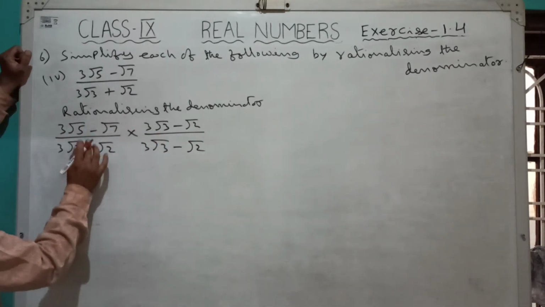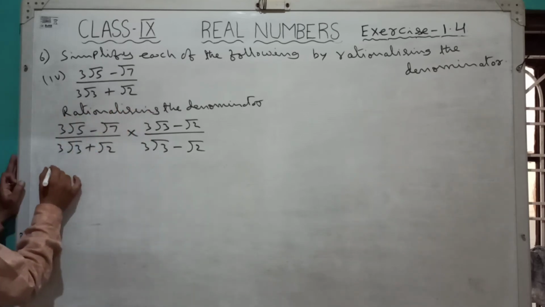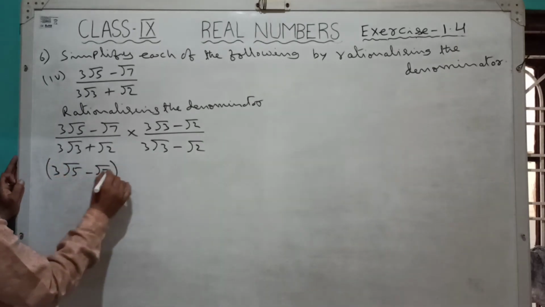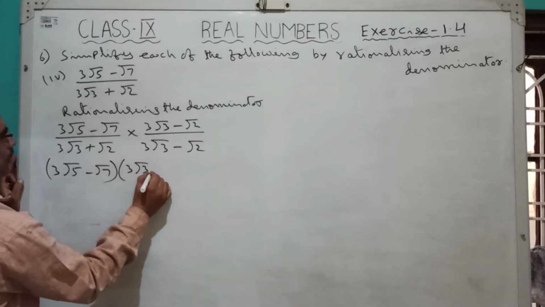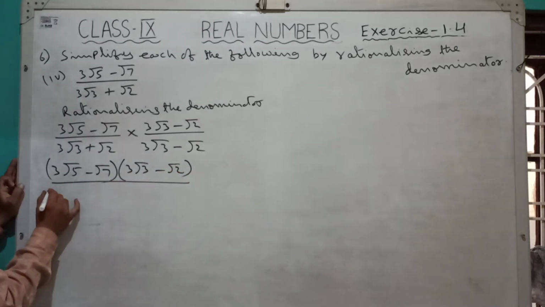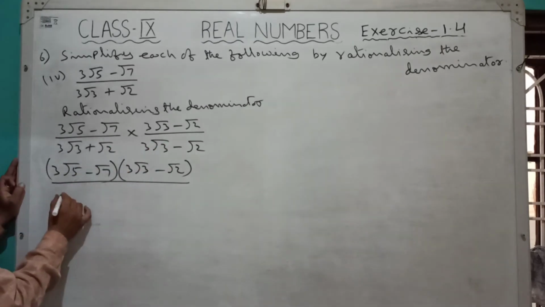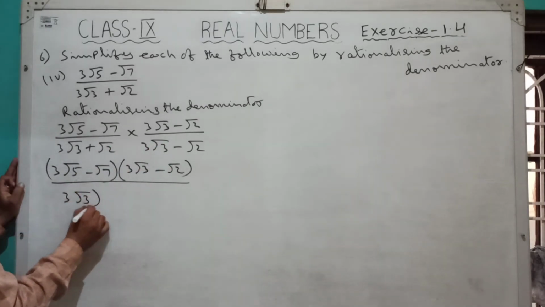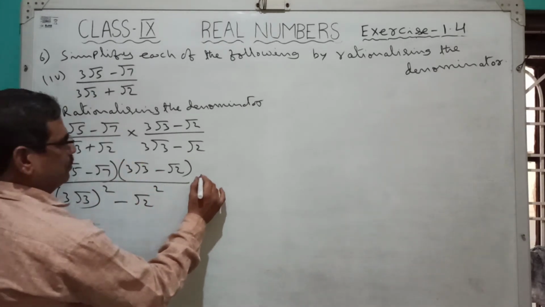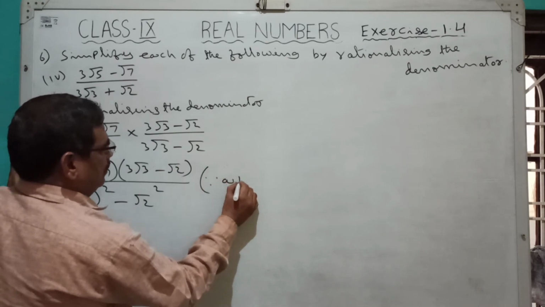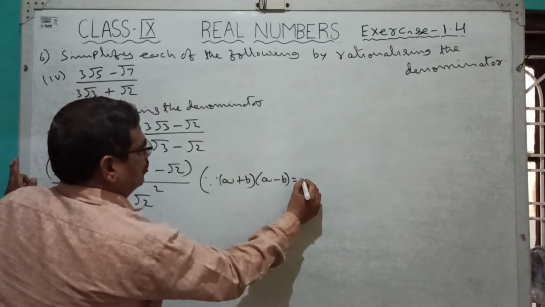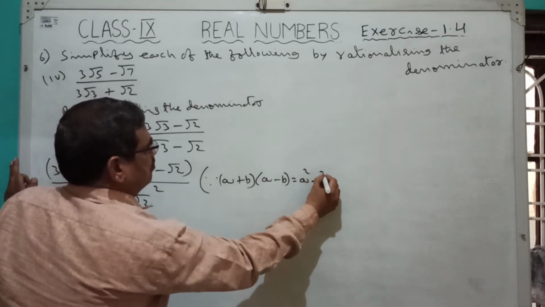So in the numerator, I have to multiply these two. 3 root 5 minus root 7 into 3 root 3 minus root 2, by a plus b into a minus b, a square minus b square. So here I am using this formula: a plus b into a minus b is equal to a square minus b square.